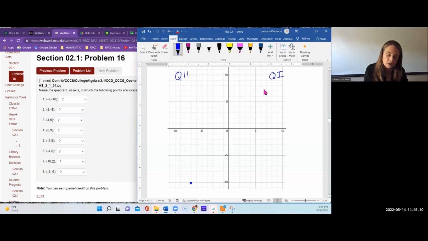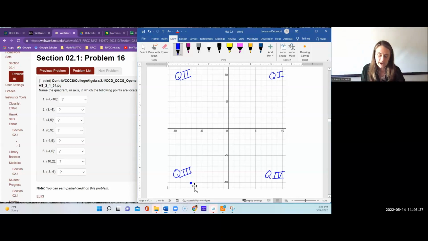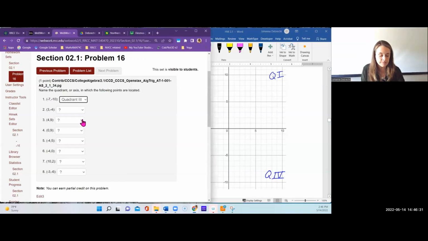This is quadrant 2, going counterclockwise, which is the positive direction in math. Quadrant 3 is the one that is to the left and down, and quadrant 4 is the one that's to the right and down. So the point we just found was definitely over here in quadrant 3.